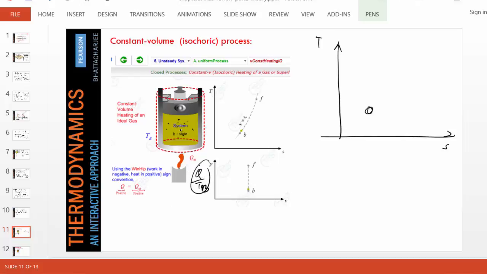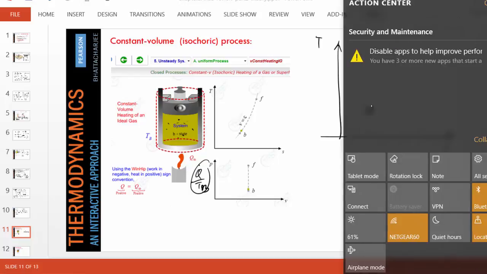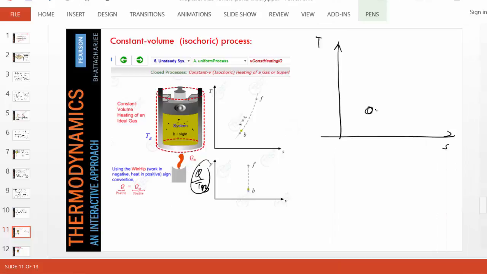Every time heat is added, entropy is added. Even if there is no friction inside, the entropy cannot go anywhere because there is no mass transfer and no other mechanism. If there is friction, even more entropy will be generated. So entropy will increase. As a result, the plot goes this way.